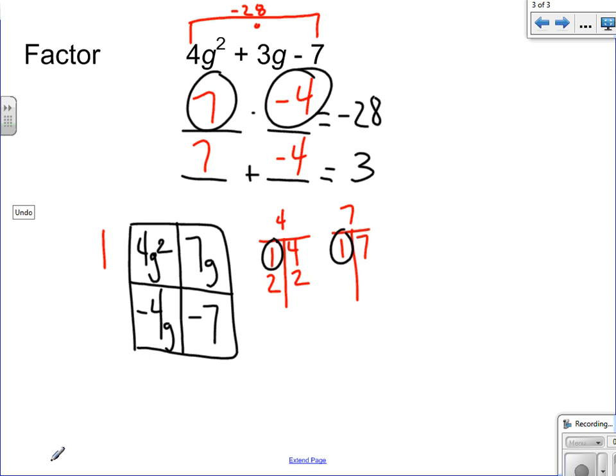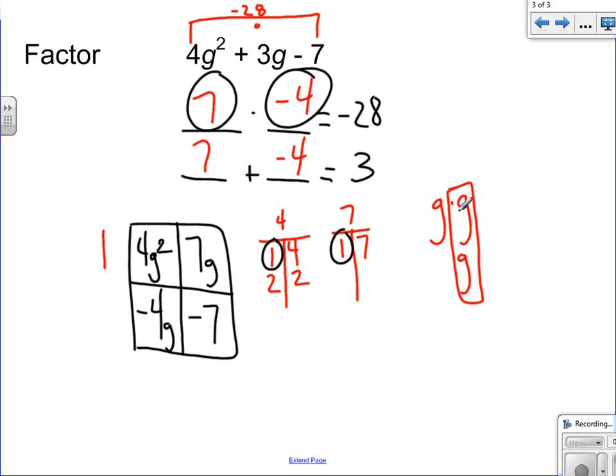Now, how do we handle these letters? The letters, I'm going to do this on the side also. We have g squared, that's g times g, and then the second just a g. Well, how many g's do they have in common? At most they have 1 g in common.